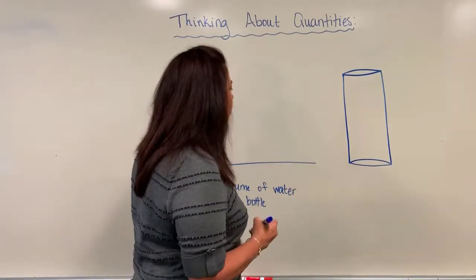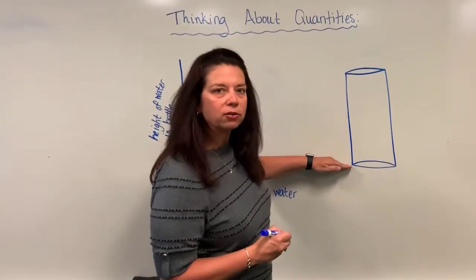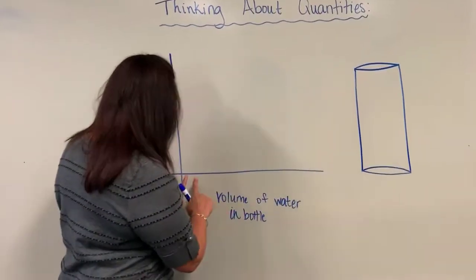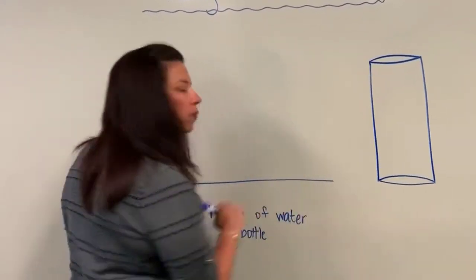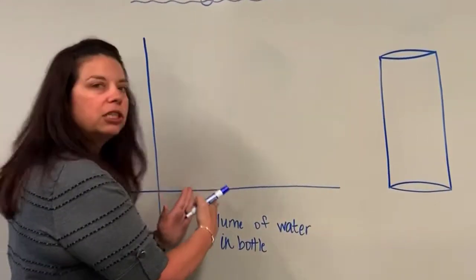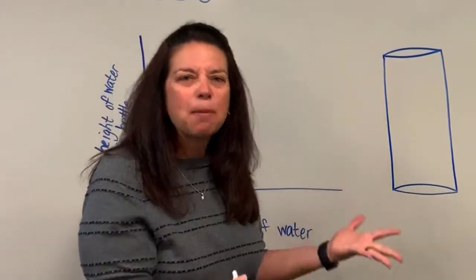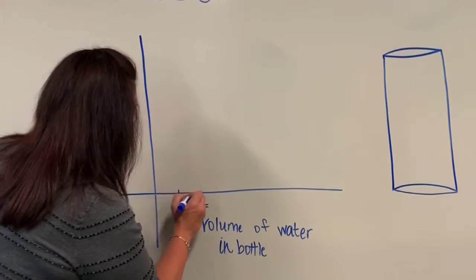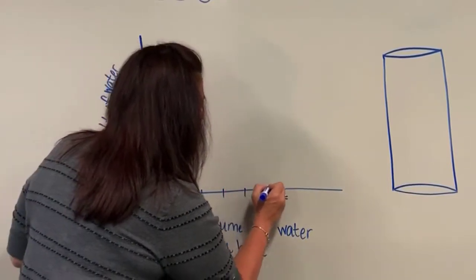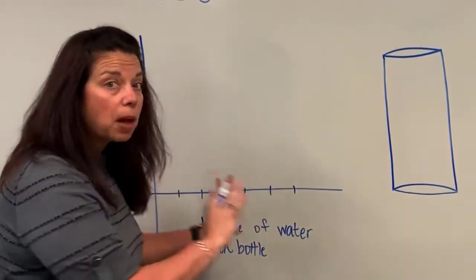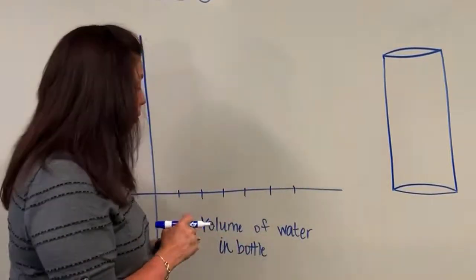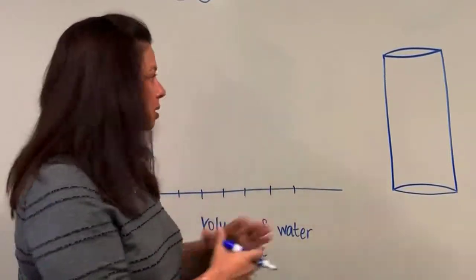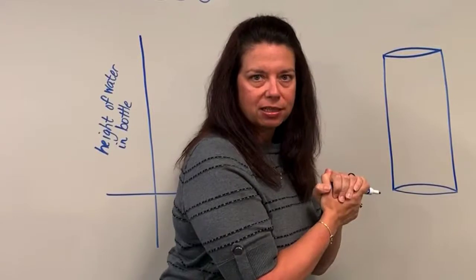And so here, if we attend to the amount of water in the bottle, what I'd like for you to do is consider this axis here for volume to be partitioned into equal amounts. It doesn't matter how much each partition is, but say equal parts, something like this. And you notice I have no quantities. I'm not putting any actual numbers, values on this particular axis because we have no idea how we're measuring this.